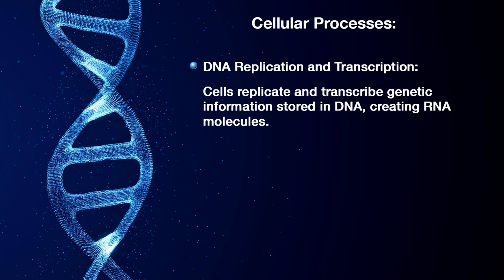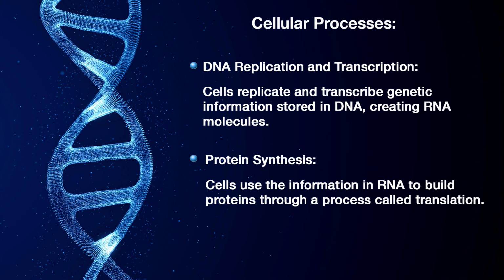In this process, we can understand cells replicate and transcribe genetic information stored in DNA, creating RNA molecules. Protein synthesis is a very important process performed by the cell. Here the cell uses the information in the RNA to build protein through a process called translation.